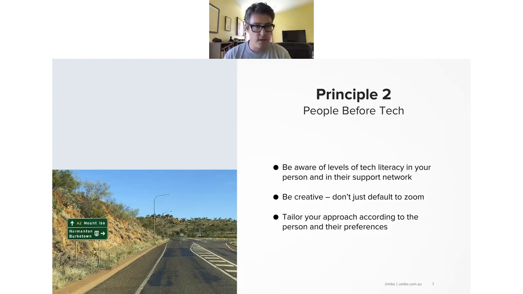It's talking to the family who live in a remote area with bad internet, and they go into town and they do a data dump to give you a video of what's been happening at home so you can analyze it offline. It's all those things. So keep that in mind. Don't just jump on Zoom every time you've got an online consultation or a digital consultation. Just remember that's just one little tool in your online therapy toolkit.